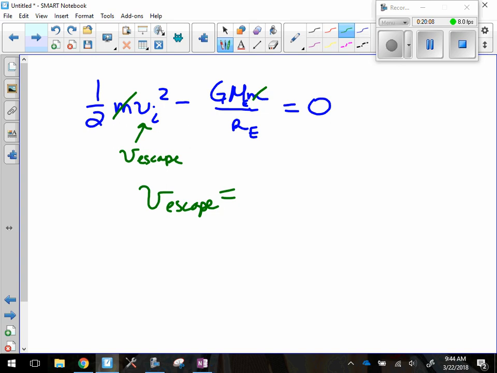I can divide 0 by anything as long as it's not another 0. So that gives me the square root of 2g over re.